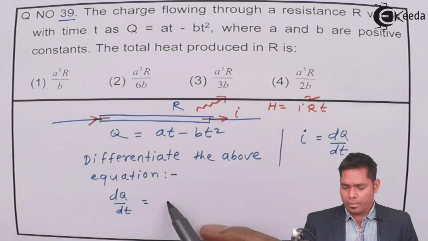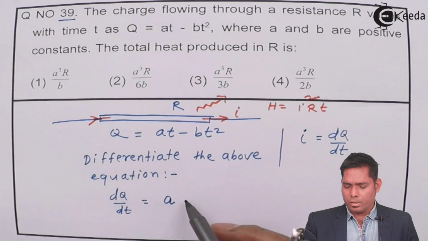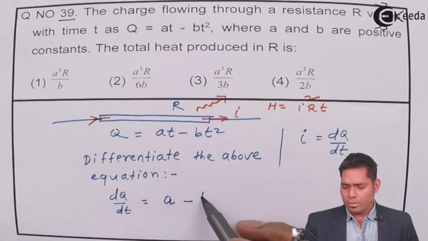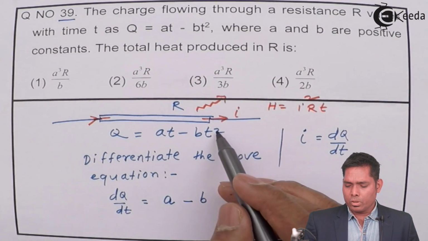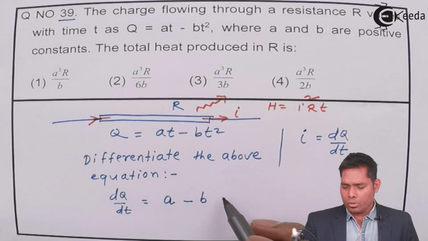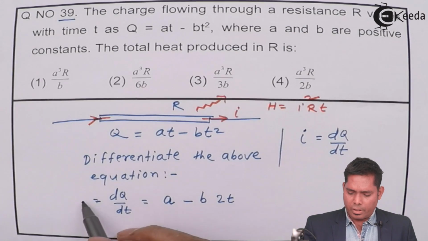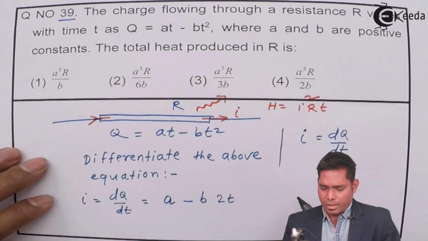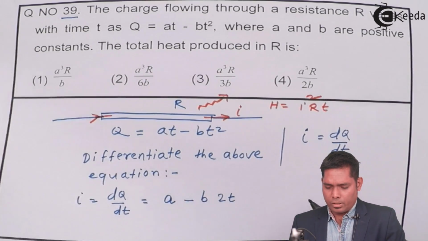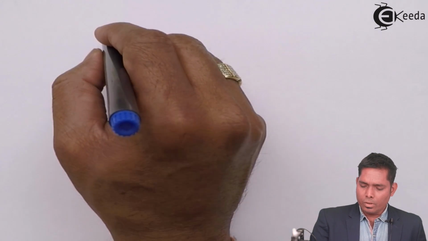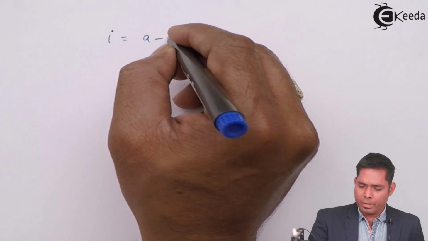This will become A, dt over dt is 1, minus B, the derivative of this is 2t dt over dt, that is 2t. So this is what the current is. So the current I'm getting here is A minus 2bt.